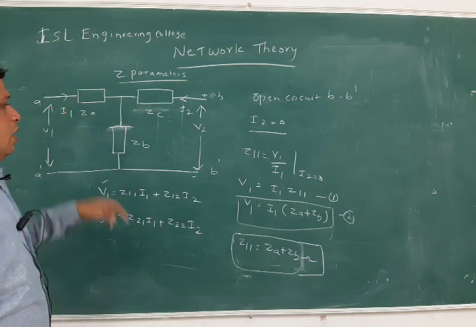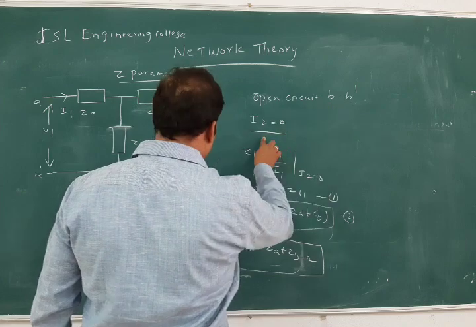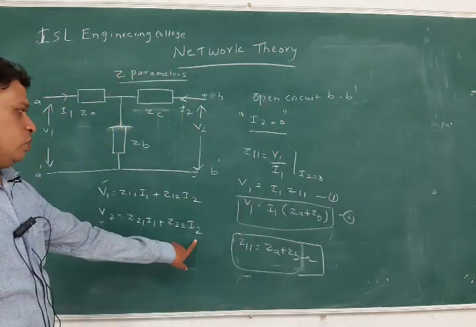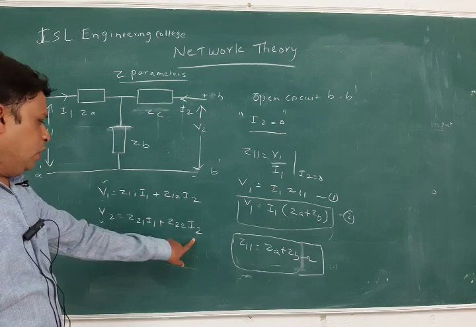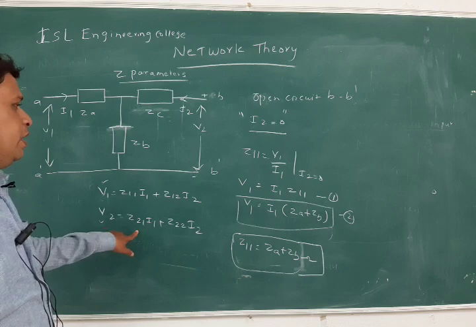Now coming to the other part where BB dash is open circuited, that is I2 is equal to 0. You are considering this equation also simultaneously, because here also I2 is equal to 0. If you keep I2 equal to 0, you get the parameter Z21.